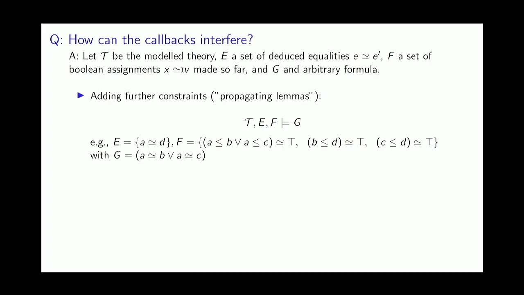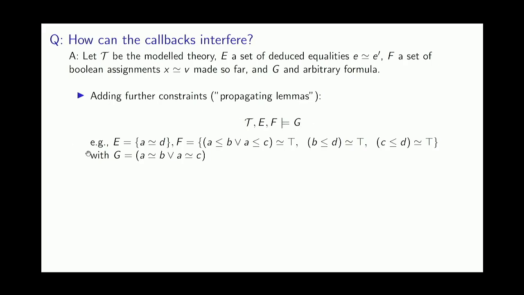I'll come back later to how the user propagator can know that these equalities and assignments have been made already. And then we just say our theory we want to model, so this is this T here, in combination with the equalities and the fixed assignments, then propagate, respectively have as a consequence, this arbitrary formula G here.